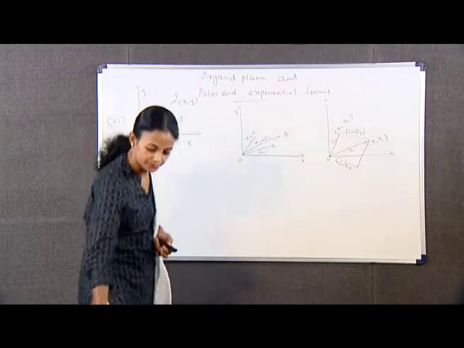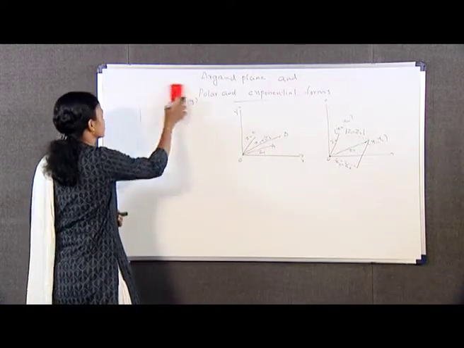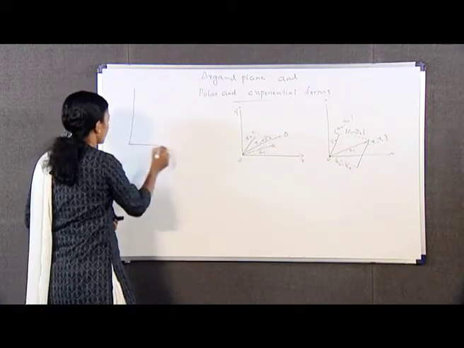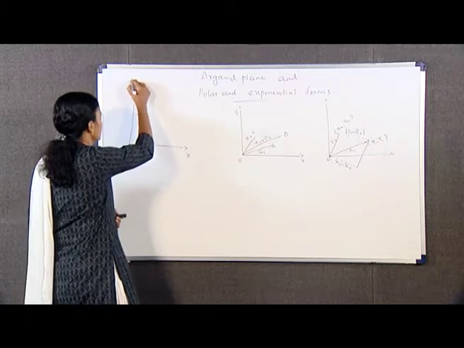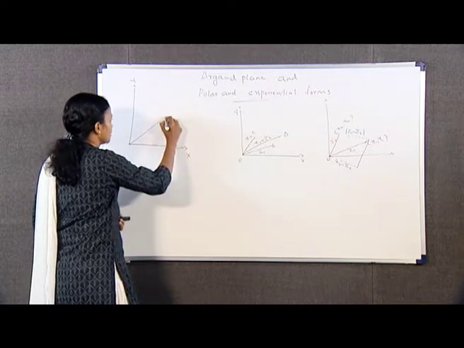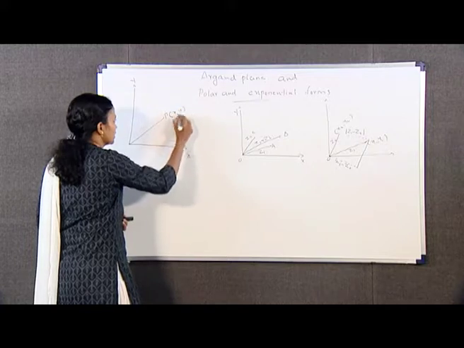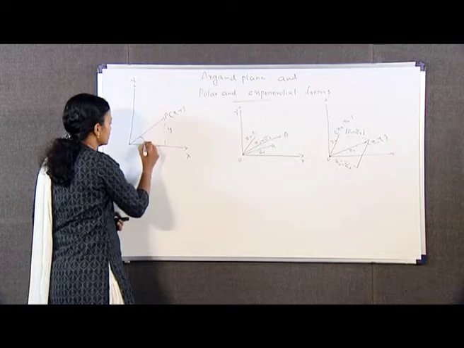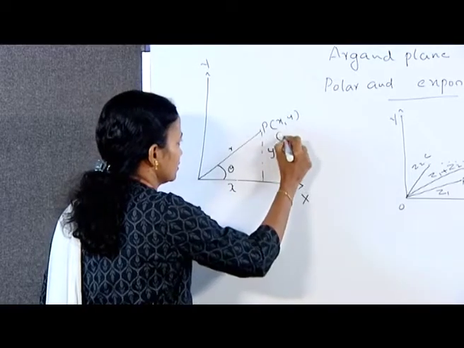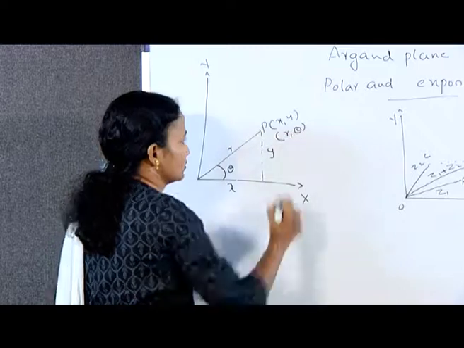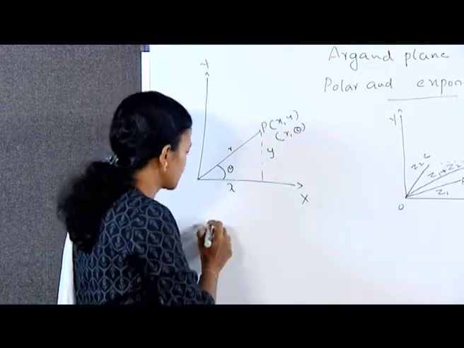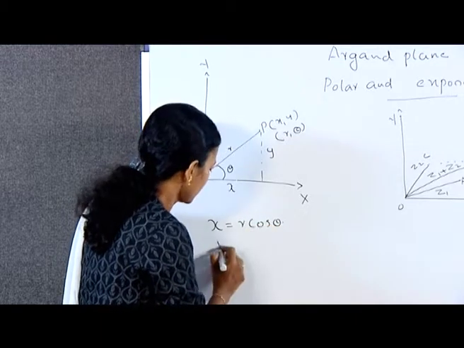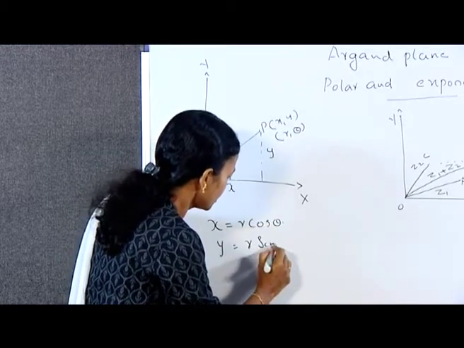That is, here we have the point P, x, y, this is our x, y, here theta, r. And here x is equal to r cos theta, y is equal to r sin theta.